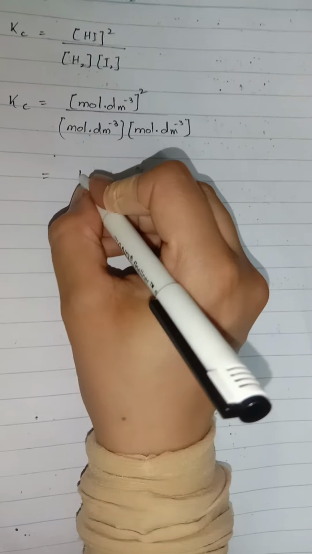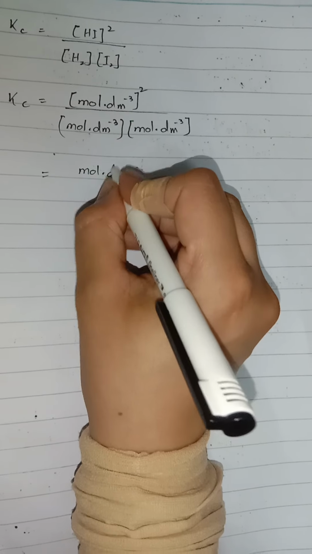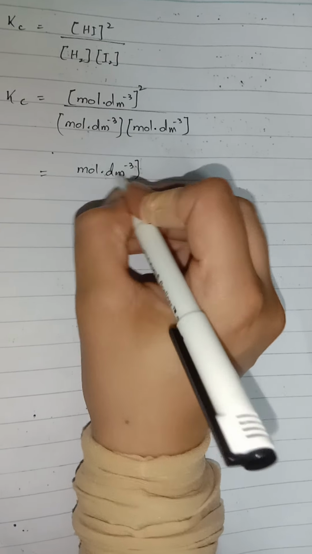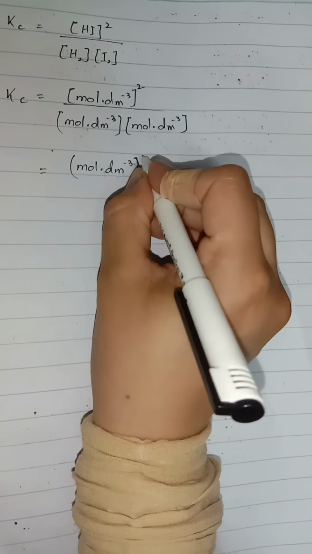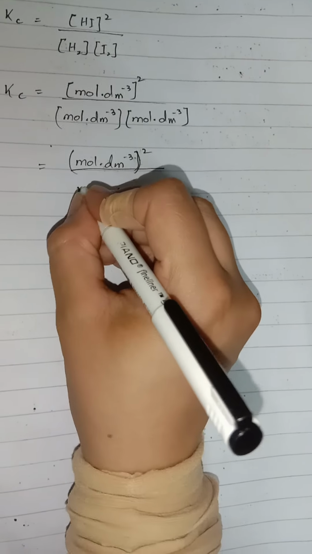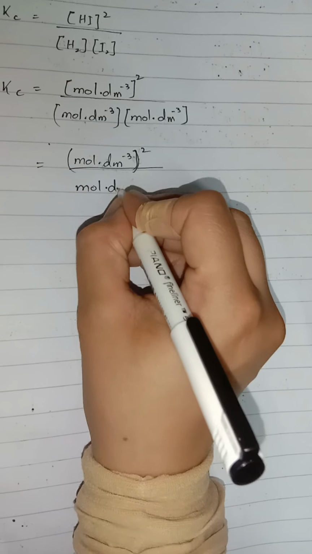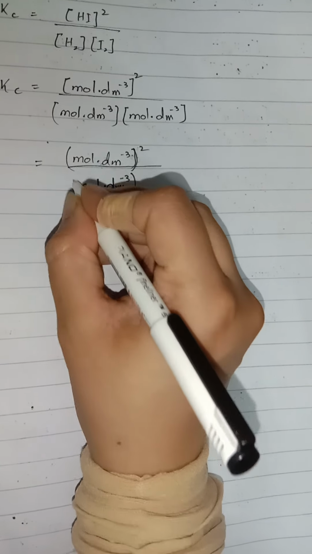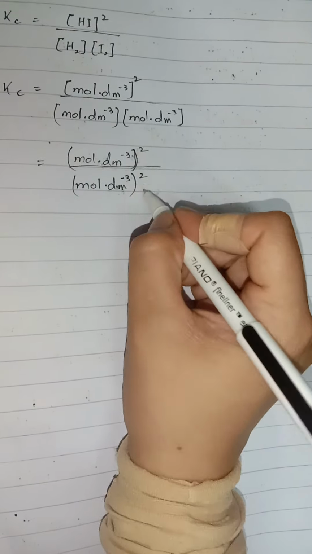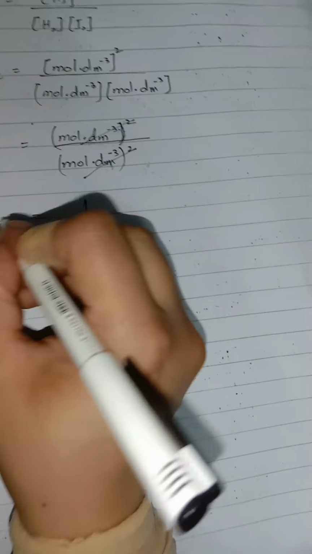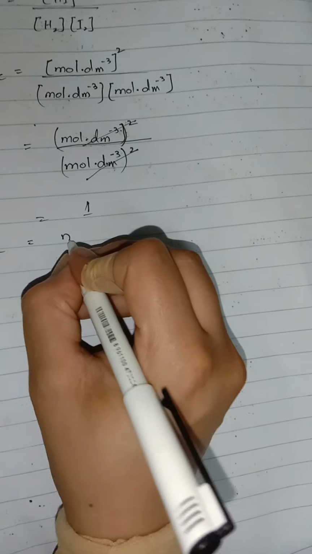Now this is raised to power twice, mole per dm cube minus 3, and as these are multiplying, mole per dm cube whole twice. Now you can see this is equal to 1, meaning Kc has no units.